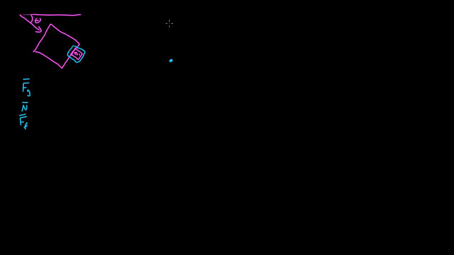So let me get an axis, and big pictures, lots of space. So here's my axis, parallel and perpendicular to the ground. And then I want a new set of axes that's parallel and perpendicular to the motion.